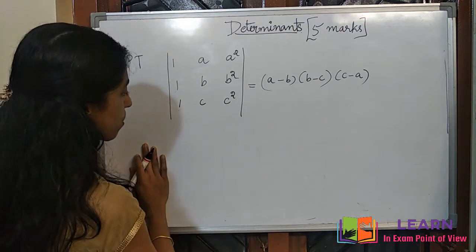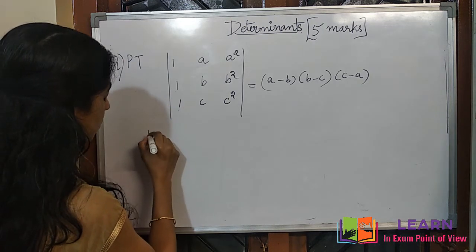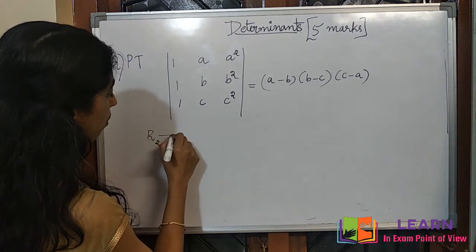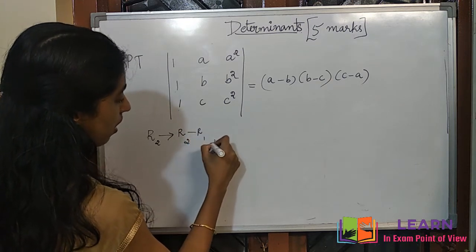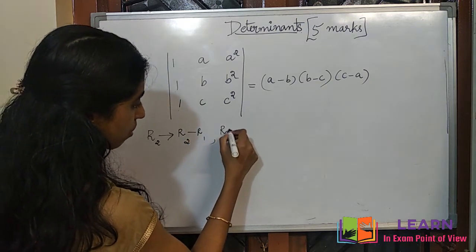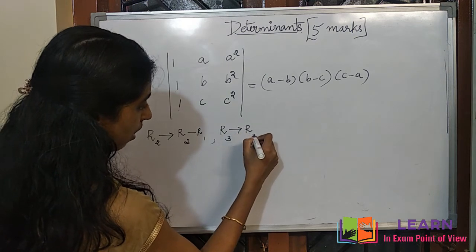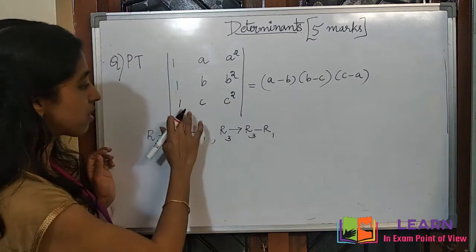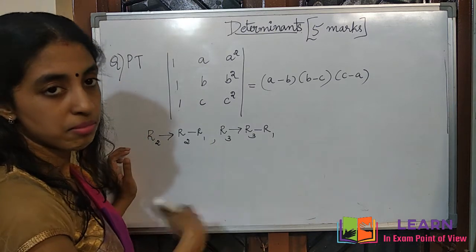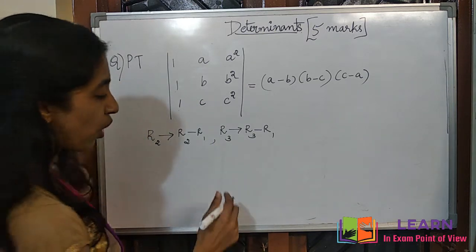So we are going to perform which elementary operation? R2 we are going to change as R2 minus R1, at the same time R3 is also going to change as R3 minus R1. Clear? That is, these two elements we will make 0.